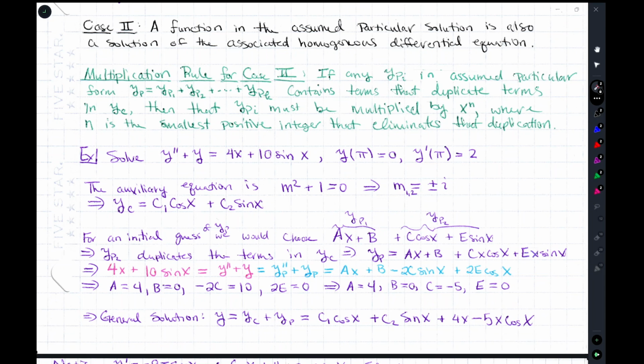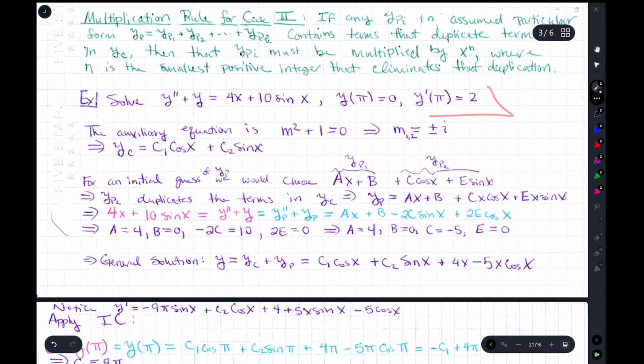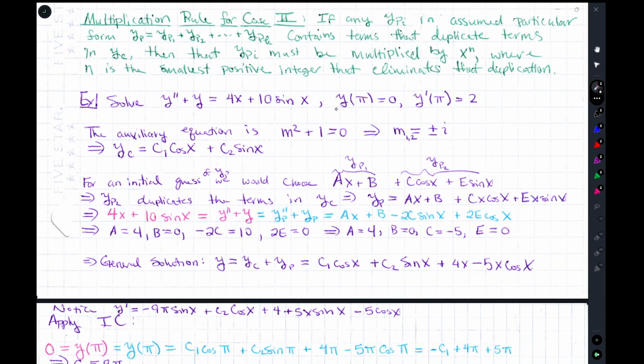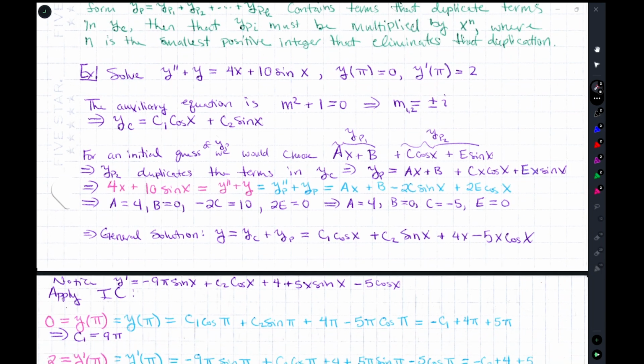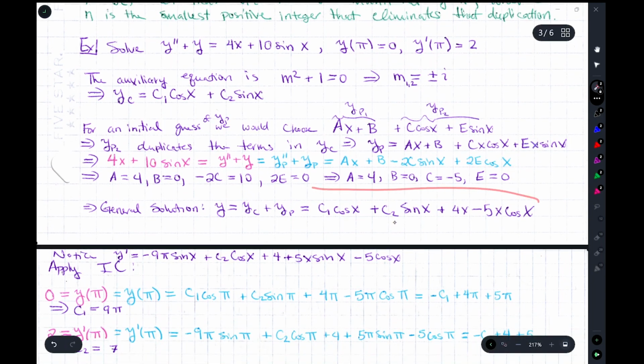So what do we have to do? We have to satisfy the initial conditions. Okay, these are the initial conditions. We must satisfy them. What must satisfy them? The general solution, okay? This is not yp or yc. This is the general solution. That's a common mistake. You have to take this whole thing, including the particular solution, okay?